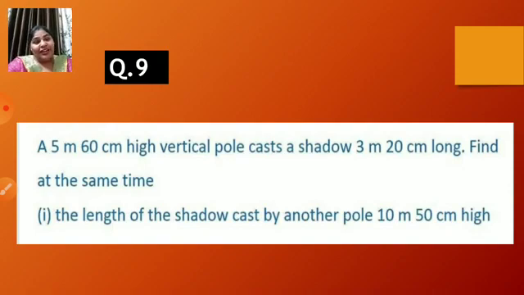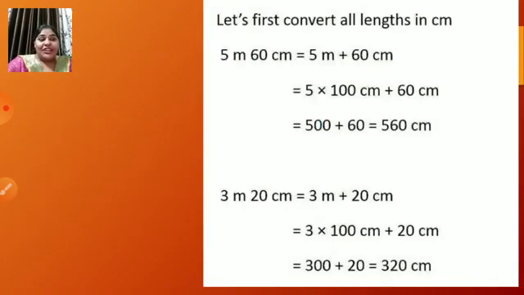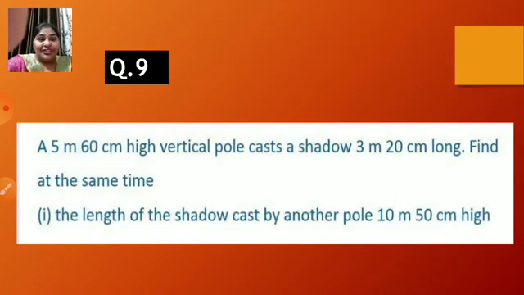Obviously, if the length of the pole is rising up, that is if the height is increasing, obviously the length of the shadow will also increase. So hence both the quantities are in direct proportion, children. So let's first convert all the lengths into centimeters. Very important thing here to see is it is 5 meters 60 centimeters.